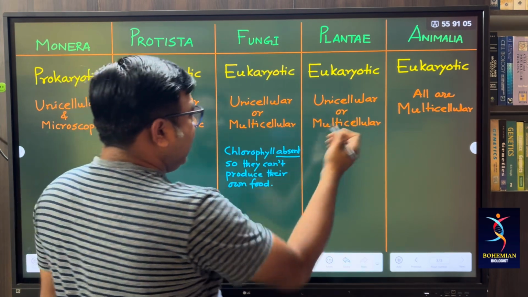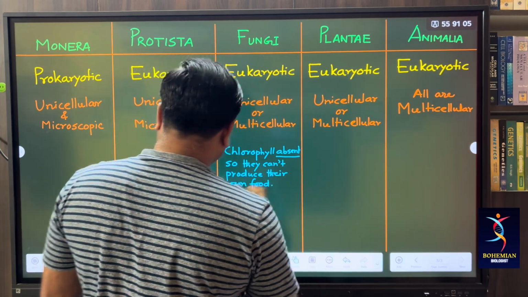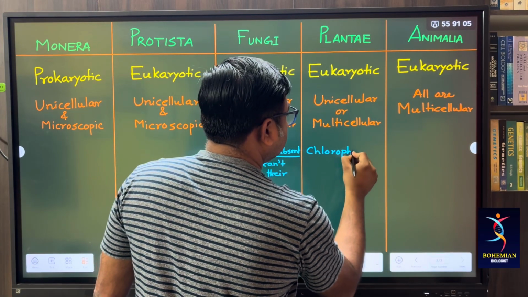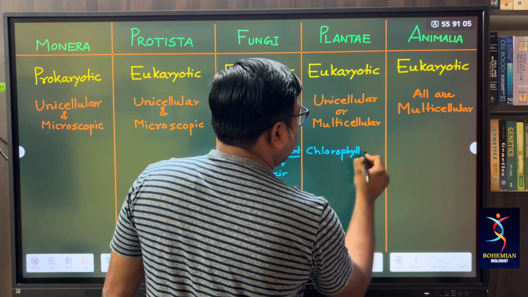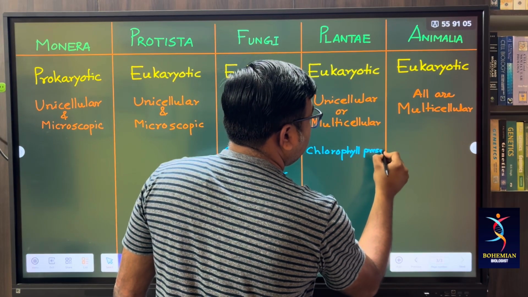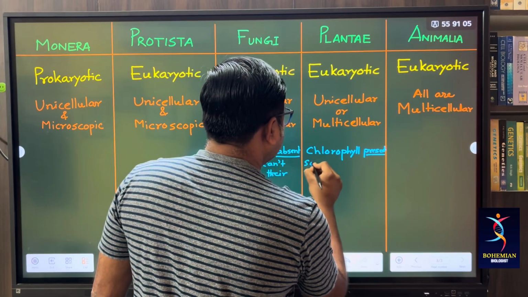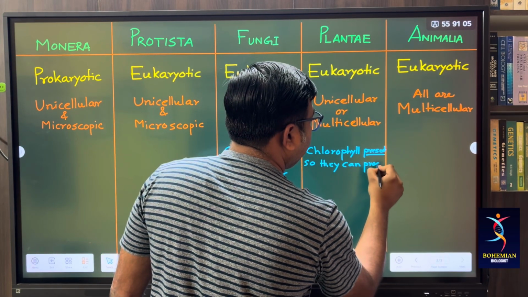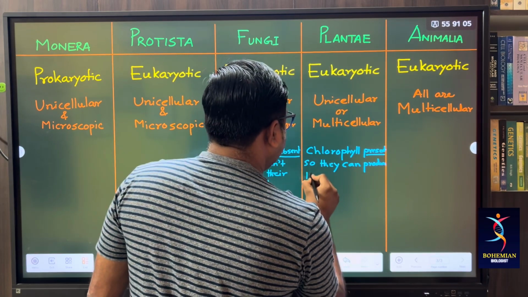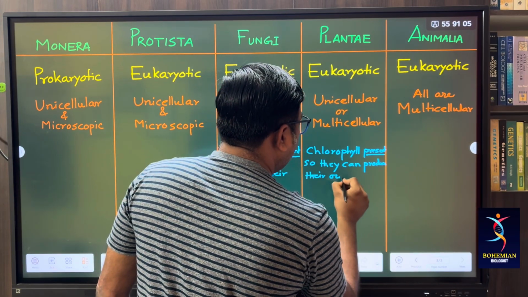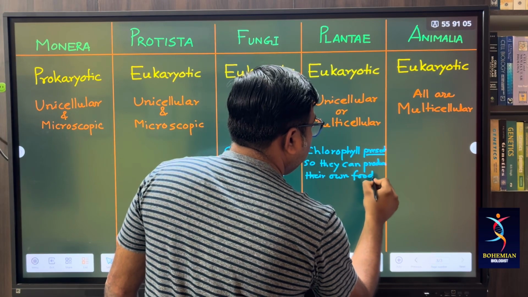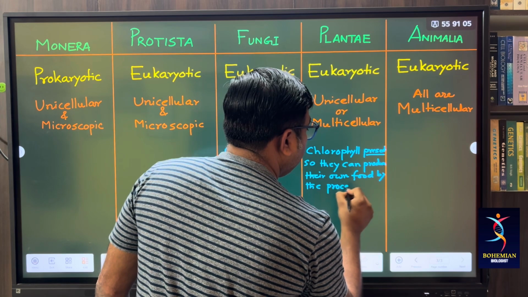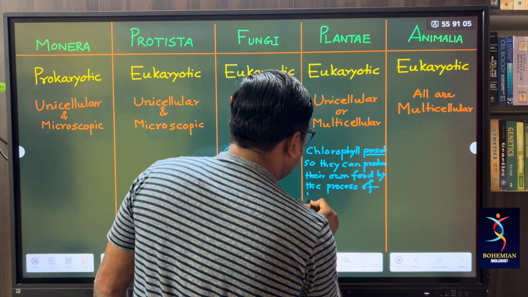But in case of plantae, chlorophyll is present, so they can produce their own food by the process of photosynthesis.